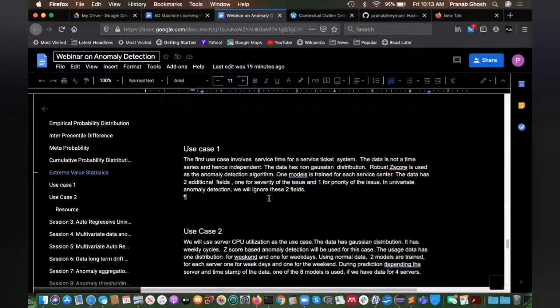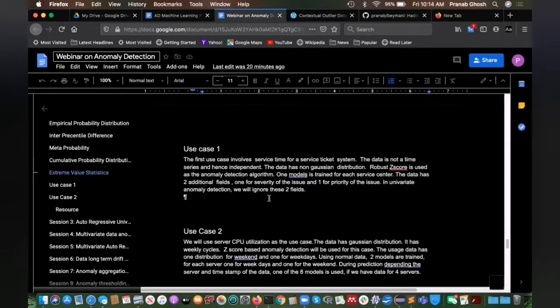When I say unusual, it means it's taking far more than what it should be taking generally. So the service time is extremely high. That's what we are going to detect using robust z-score.